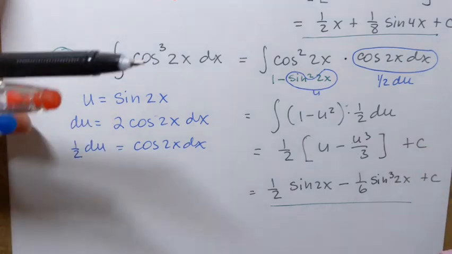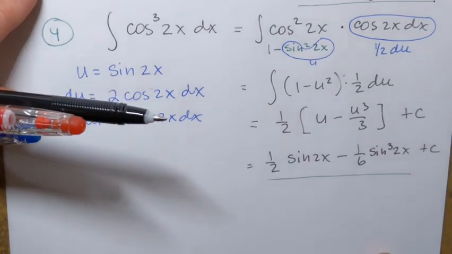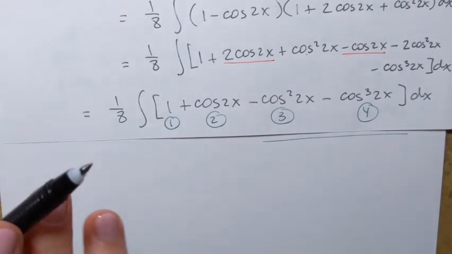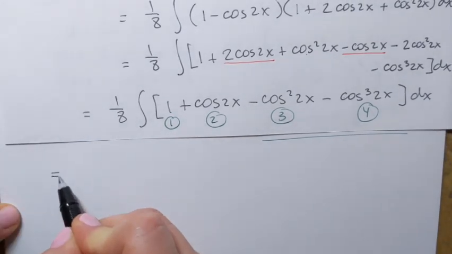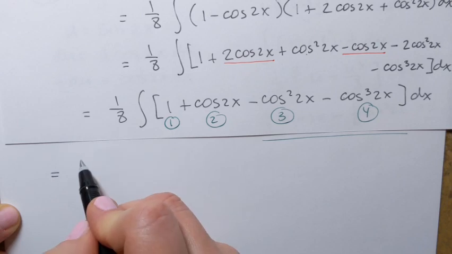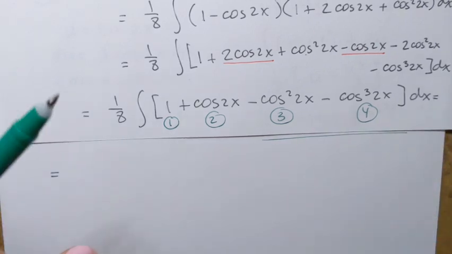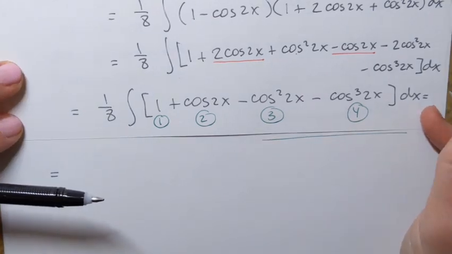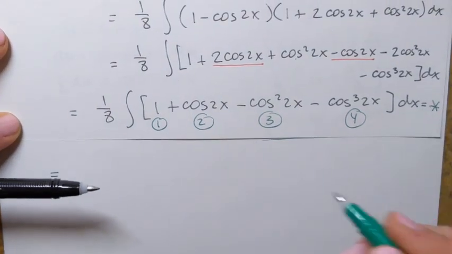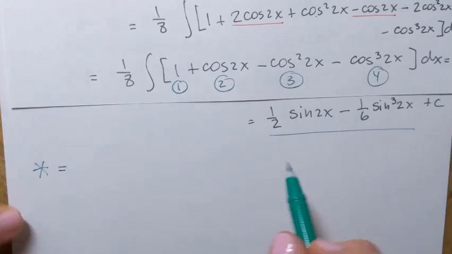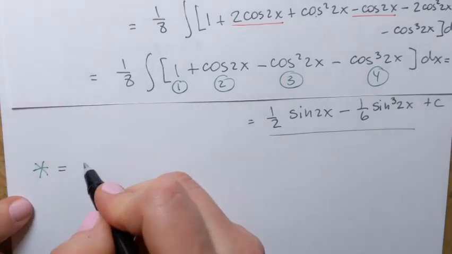Now I have to put all that together. So that's where I left off. I left off here, so equals, maybe I'll make a note. So from here I have to go to a star, and here's this star. Okay, 1/8.